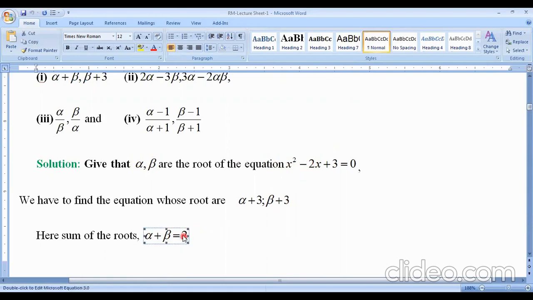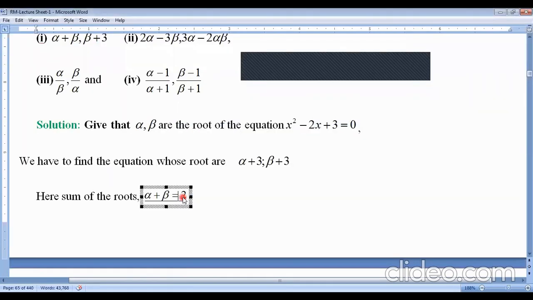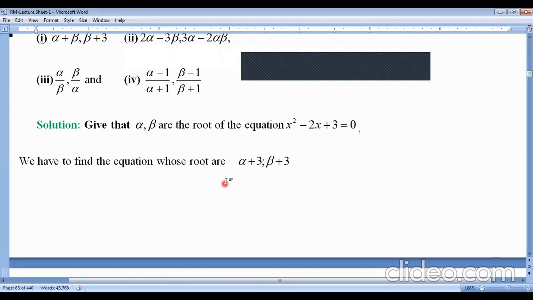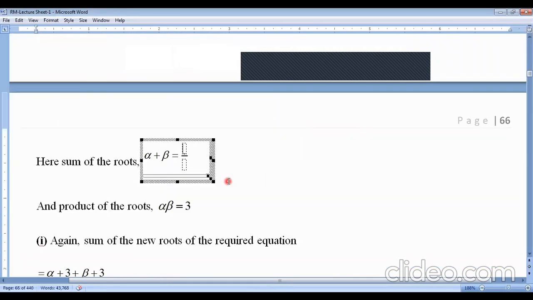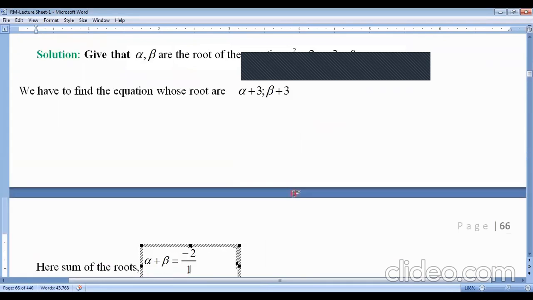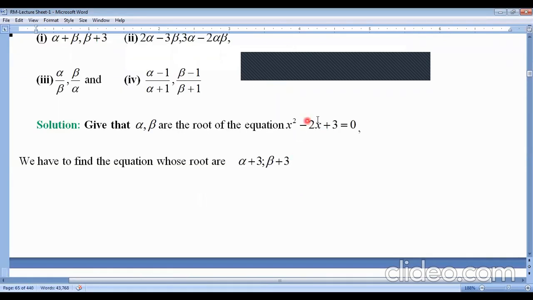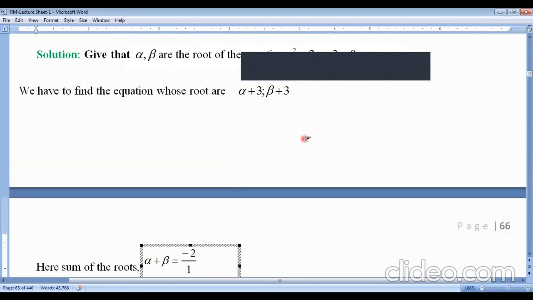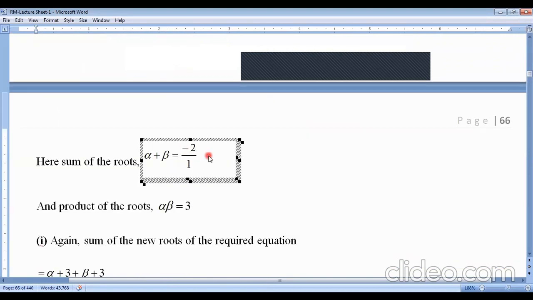That means minus b by a, where b is minus 2 and a is 1. So minus b means minus 2, b means minus 2.